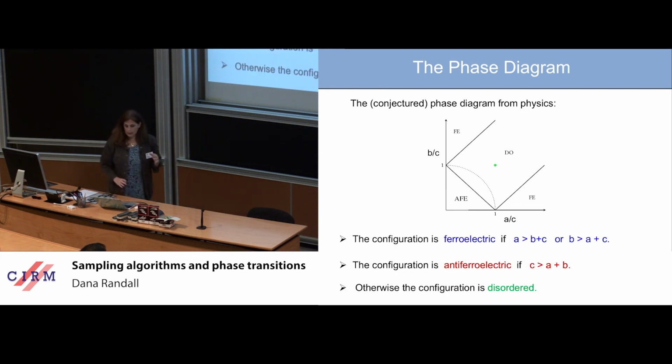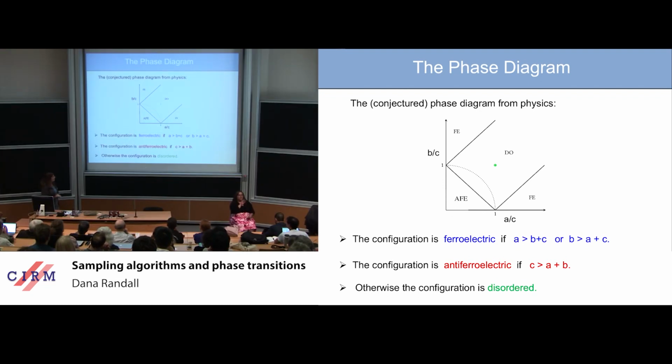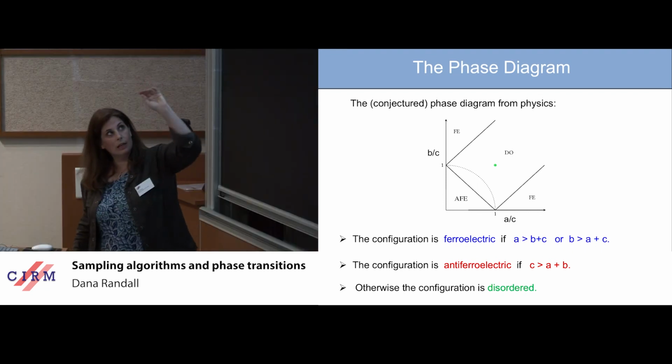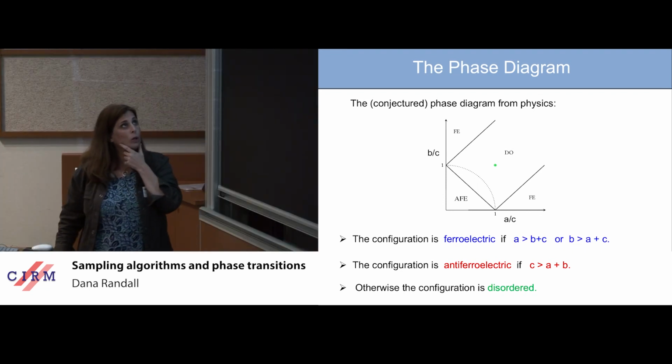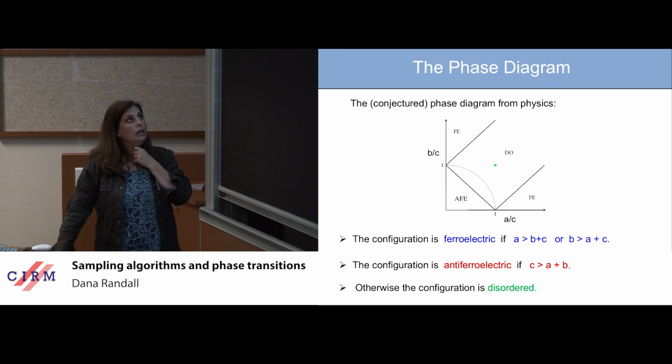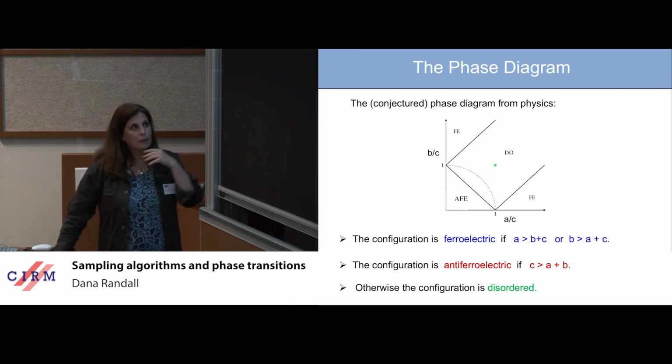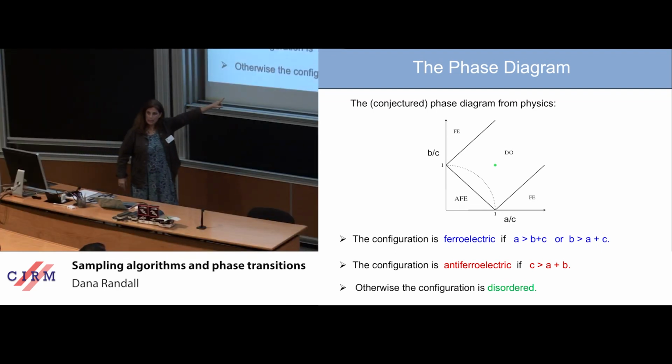So the configuration is considered ferroelectric. Are these 2 triangles, these infinite triangular regions, that correspond to A greater than B plus C, or B greater than A plus C, okay?